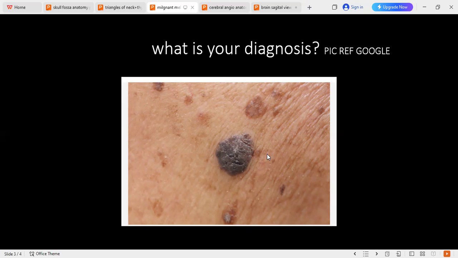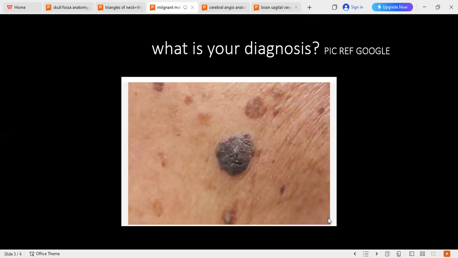Good. Okay. Please, last question. What is epithelioid melanoma? Epithelioid melanoma is a tumor of the epithelial cell. I forget this one.